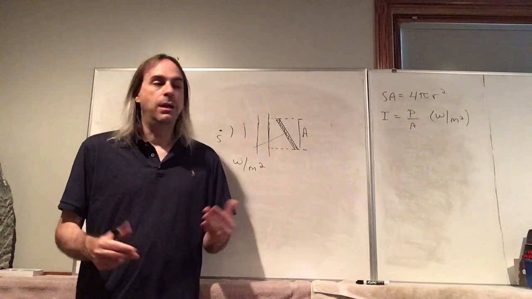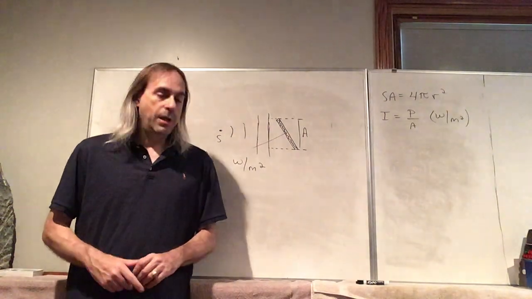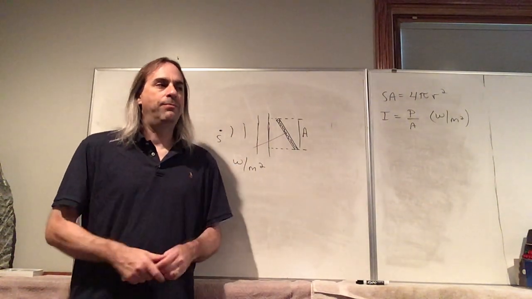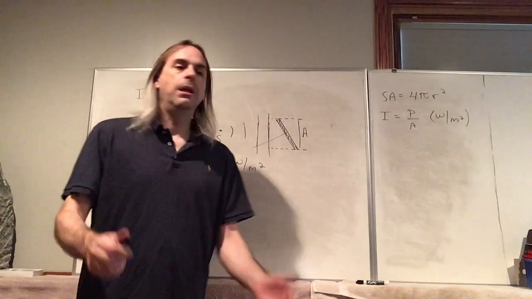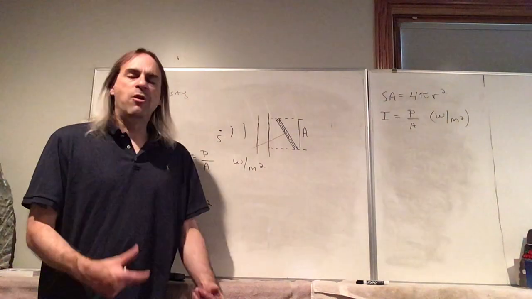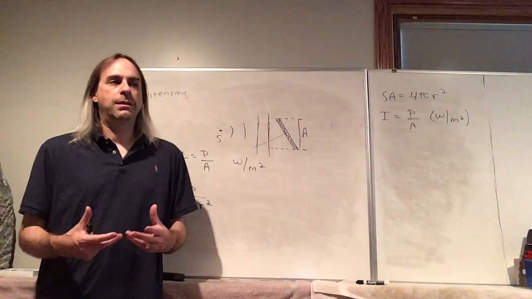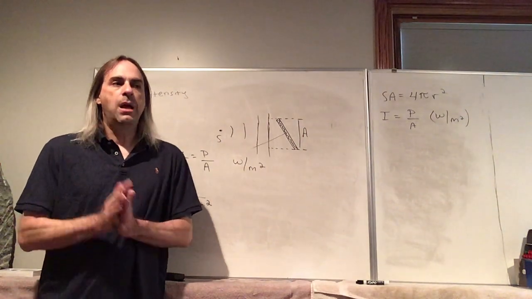It's amazing the range of intensities that our ears can detect. And so we're going to design a scale to take this huge range of intensities and bring it down to scale.